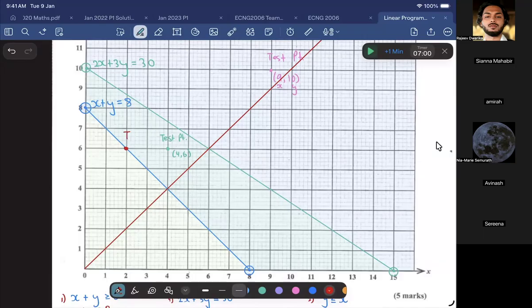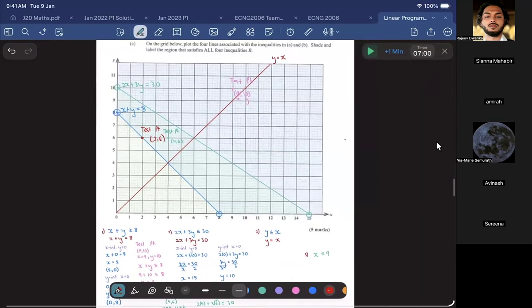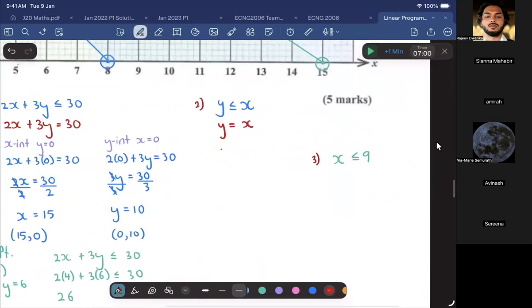Right, so this is our test point. So what is x and what is y? Y is 6 and x is 2.